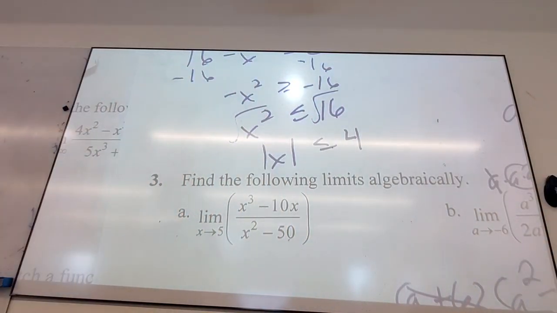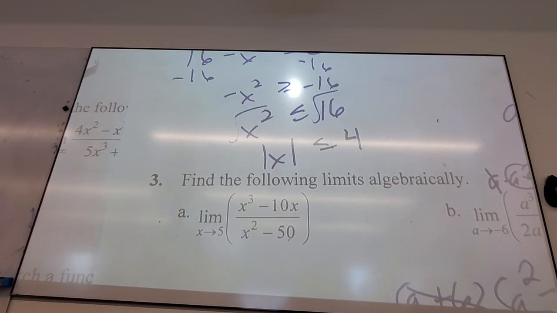So could x be 5? Could x be negative 7? Try it. What's the absolute value of negative 7? Is that less than or equal to 4? Do you understand what I'm saying? Maybe we're not used to absolute values in inequalities. I always call this the sandwich.